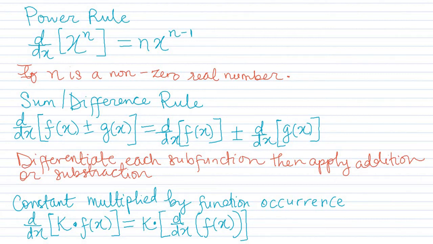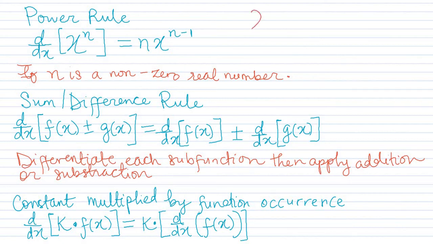Since we're dealing with power rule, of course, since this is a power rule series, we have to know how to apply the power rule. In this general statement, you can see that anytime we're supposed to differentiate a variable that has a power, the first thing we have to do is to bring down the power.